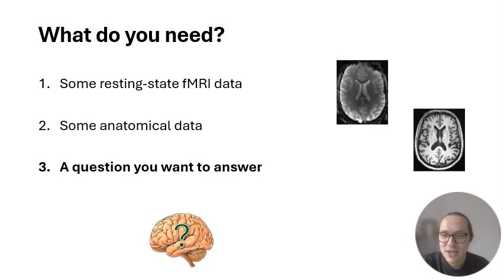This is where things differ the most from the task-based DCM. So this question that you want to answer is not going to be driven by task activation, but is likely to be related to group differences rather than differences in task performance.